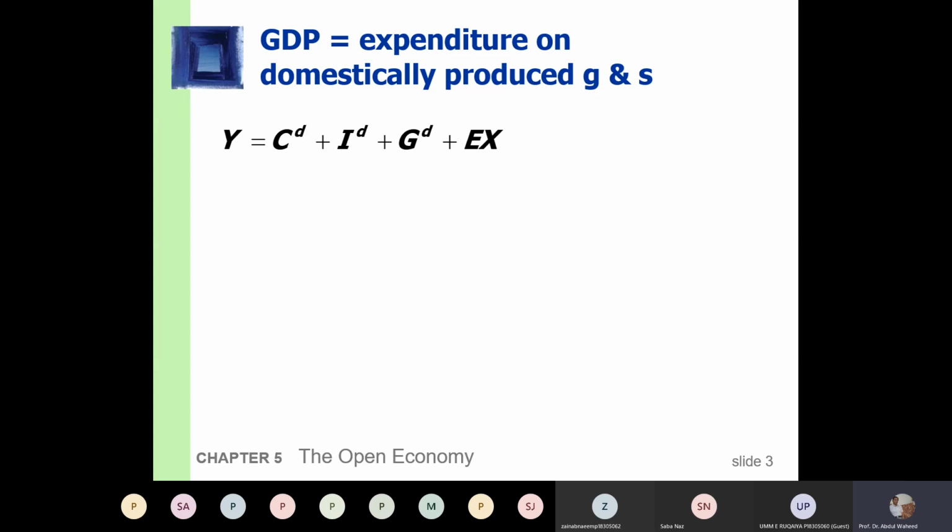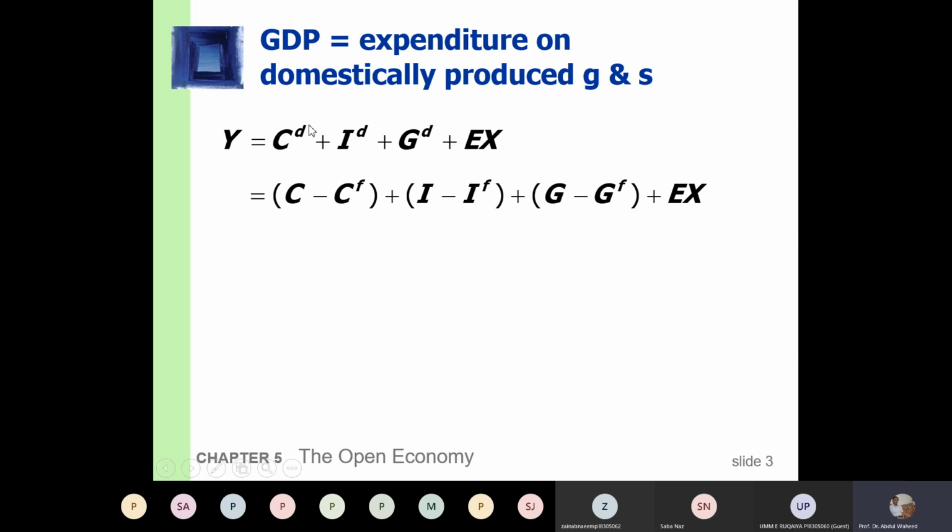But if you have foreign sectors, the output which is produced will be spent as: spending on domestic goods by consumers, spending on domestic goods by investors, spending on domestic goods by government, and then spending of foreigners on domestically produced goods, which is export. So this is the breakdown of the total output.